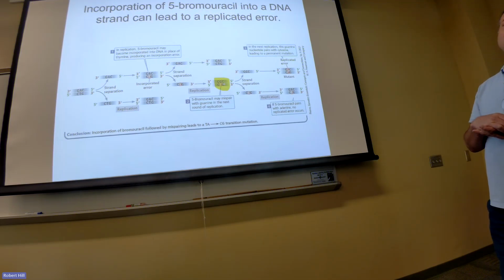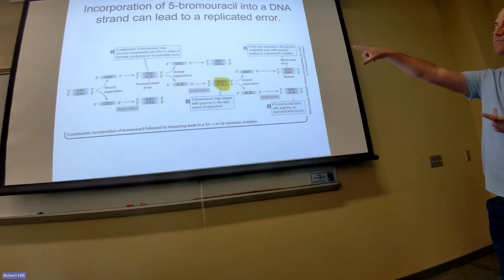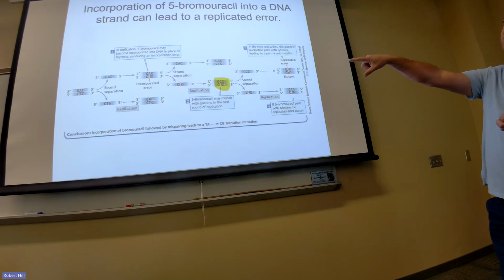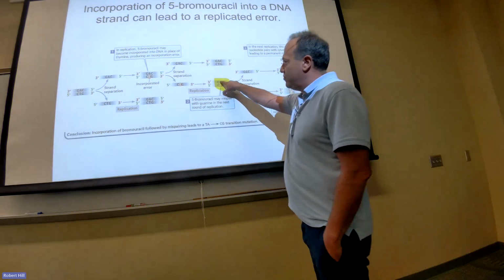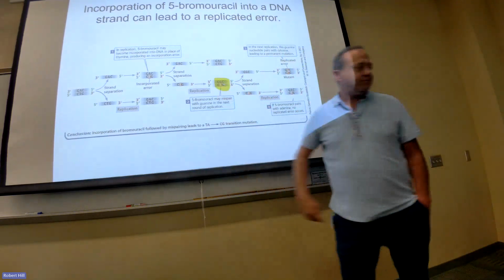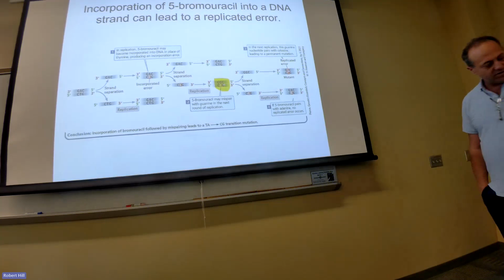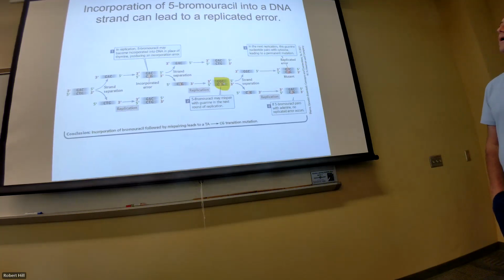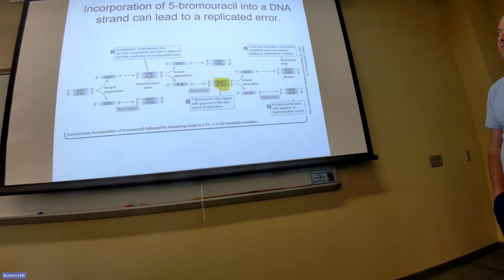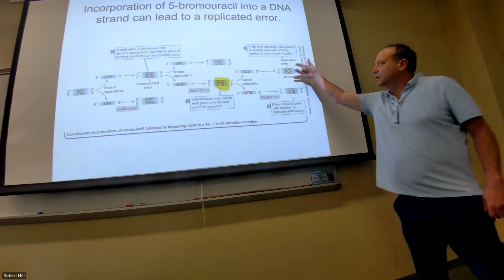That goes through another round of replication and separates. You can see one side replicates normally, but the other side, even though it thought it was a T, is going to hydrogen bond to a G. Again, you're going to have to memorize this, it's on the exam. So that separates, and now you have an ongoing mutation in both.